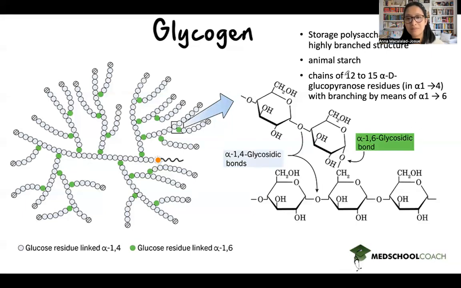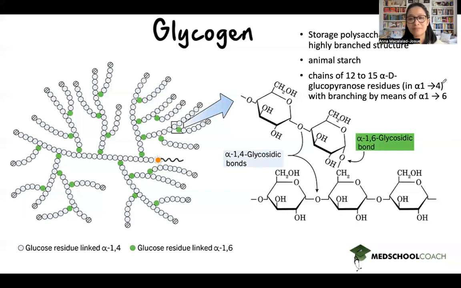It's also known as animal starch, and it can form chains of 12 to 15 glucopyranose residues, pyranose because of its ring structure, with branching by means of alpha-1,6 linkages. So the residues are connected by your alpha-1,4 linkages, and the branching is connected by your alpha-1,6 linkages or glycosidic bonds.